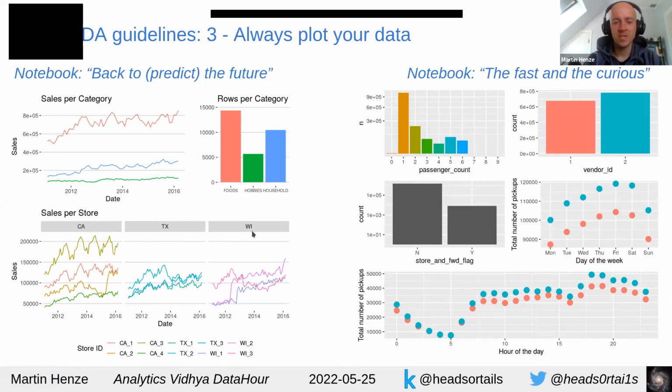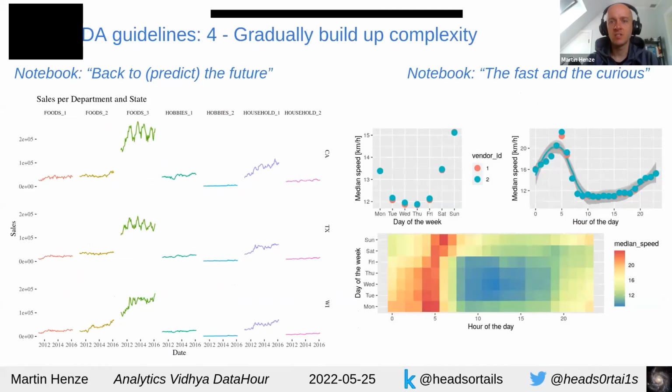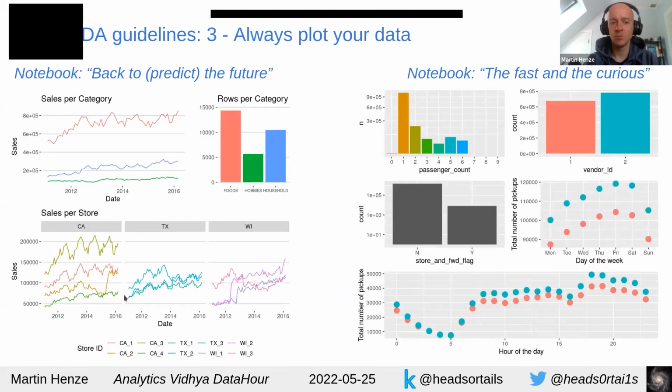You can use those facets to put them next to each other to immediately see, okay, this is a much smaller range, this is a very wide range, but there are still these yearly cycles here that are relevant. And oh my God, what's happening in Wisconsin? There was nothing here at the beginning and then it suddenly jumps up. So this is a way how you can put them next to each other. So always plot your data and, like I said, gradually build up complexity. So these facets, they can work in one dimension.